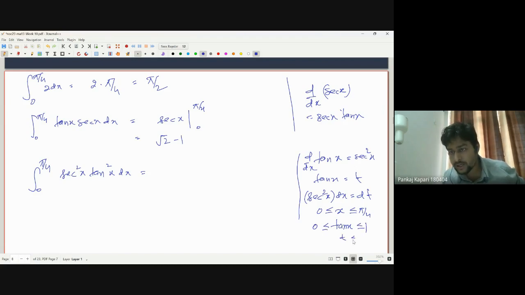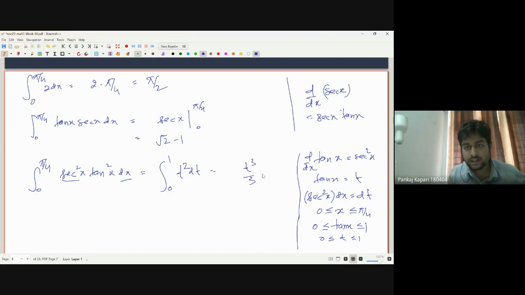That means t varies from 0 to 1. Now sec square x dx becomes dt, and tan x becomes t. So you have the integral of t squared dt from 0 to 1. The integral of t square is t cube by 3, and with limits from 0 to 1 you get 1 by 3.